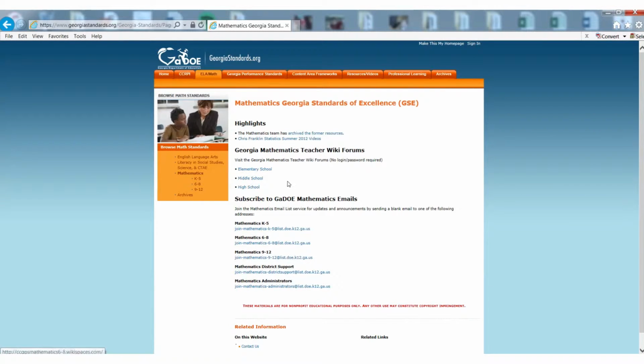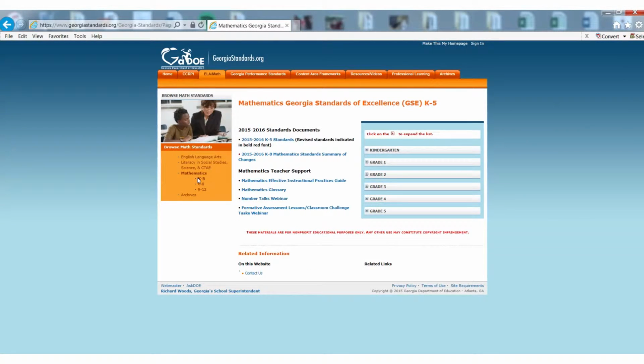There are some forums here that teachers use to collaborate with other teachers across the state as they go about looking for best practices to implement the standards. But the actual standards themselves are found right here, and we are going to click on the K through 5 standards. When you do that, you will come to this page.